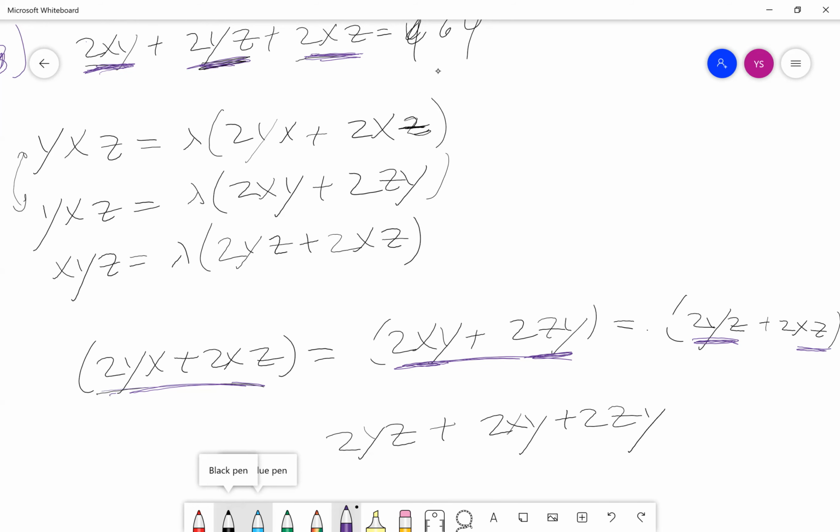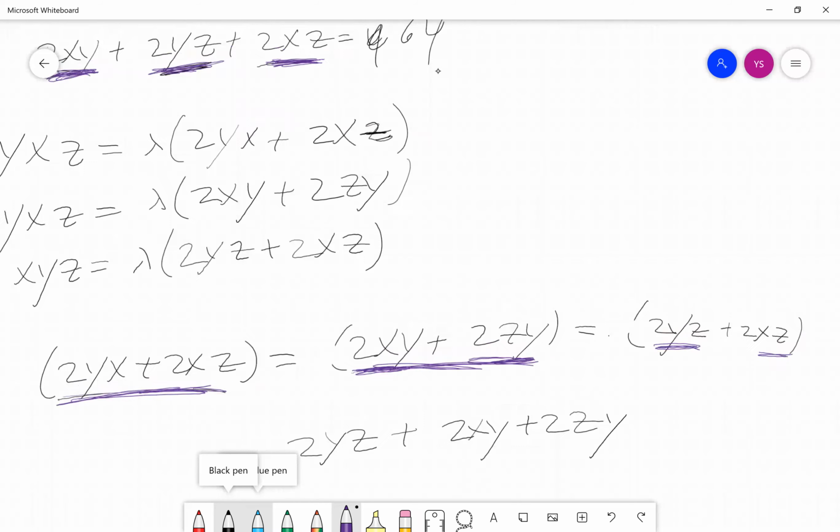We basically took this and exchanged these two parts with this part over here. And so we got the original part, 2yz plus 2xz, which is this, 2xz plus 2zy. 2zy is there. Okay. Now what can we do?